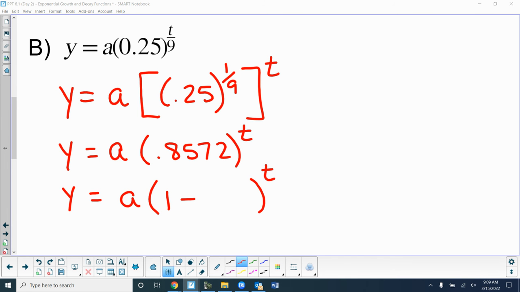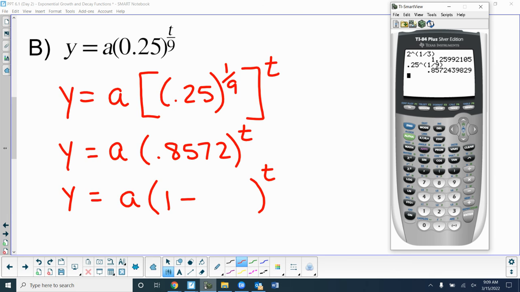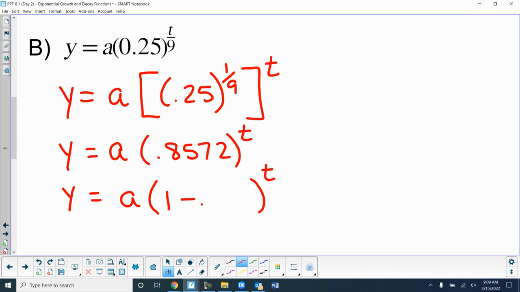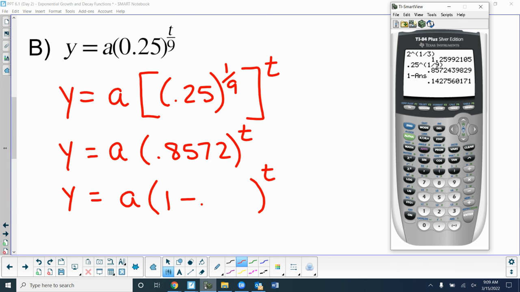Right, so I have to do 1 minus that, to find out what that is. 0.1428.